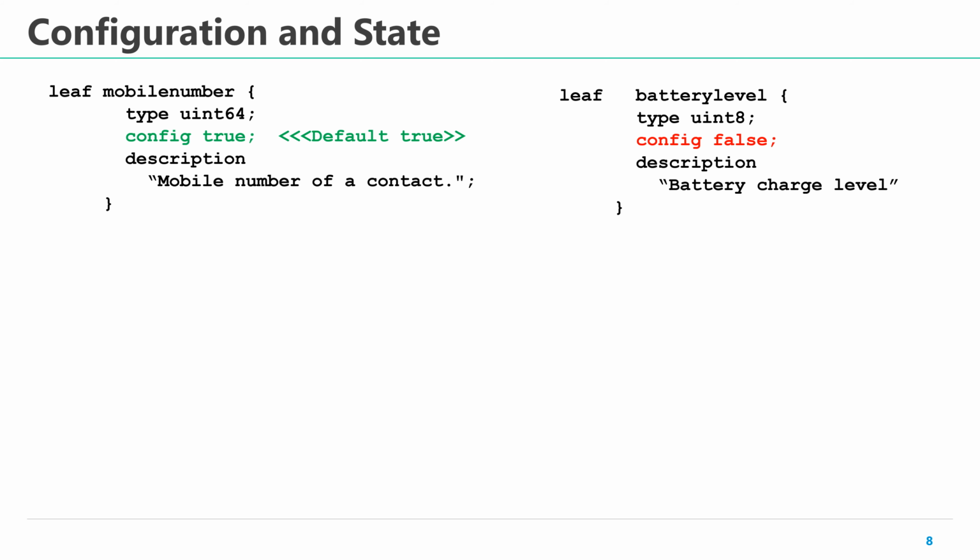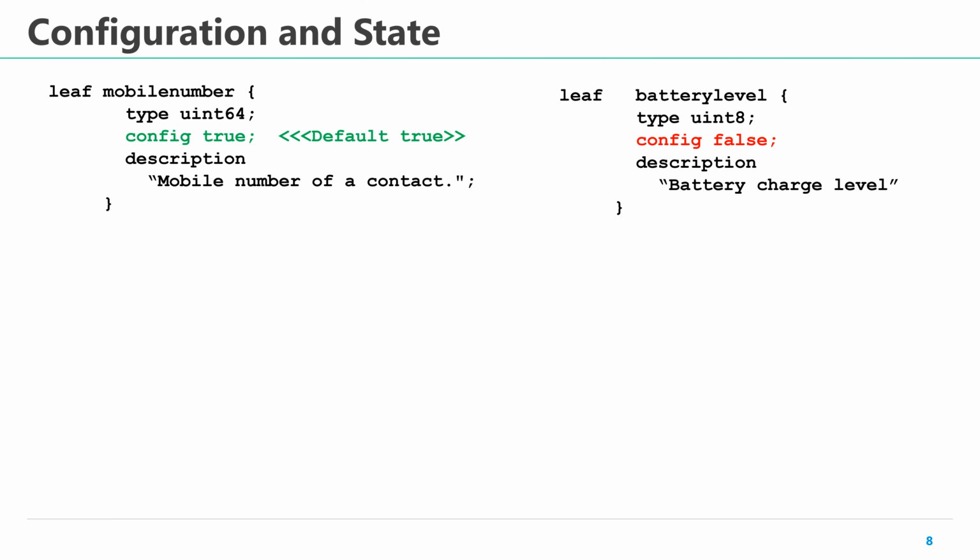The final topic is about the configuration and state of data nodes in a YANG data model. The purpose of this configuration and state is to tell the device whether a particular data node is modifiable by configuration or not. Let us take again a mobile phone related example. If a contact is created by the user, it means the mobile phone number of the contact has to be explicitly configured by the person entering it into the address book.